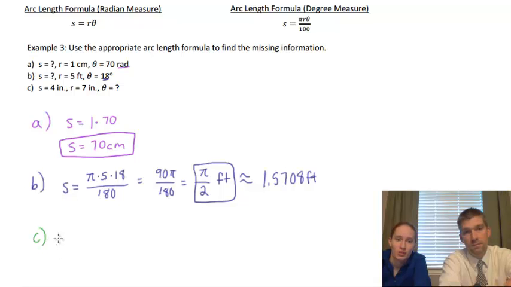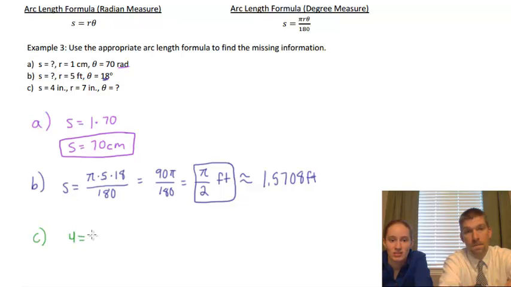Part C. Now we know S, we know R, we're looking for theta. Which formula are we going to use? It doesn't tell us if theta is in radians or degrees. I say use the first one. If they don't specify, we can just choose radians, because radians are better anyway.